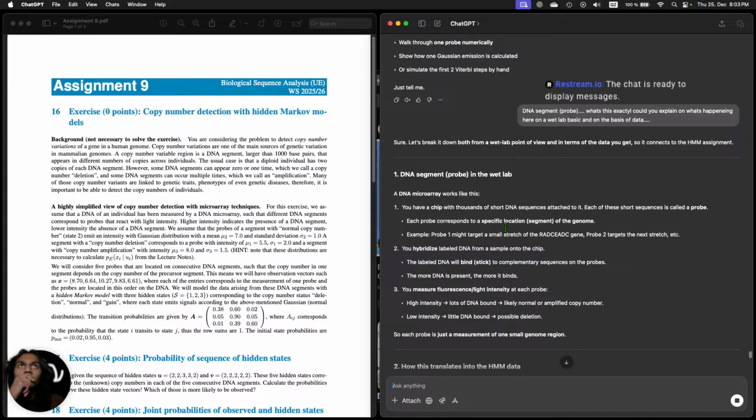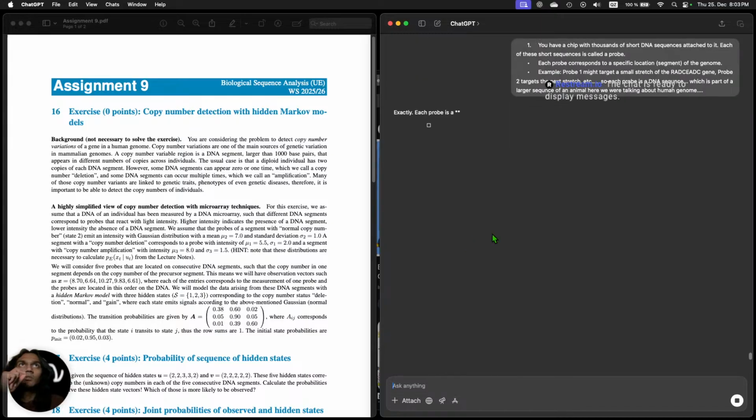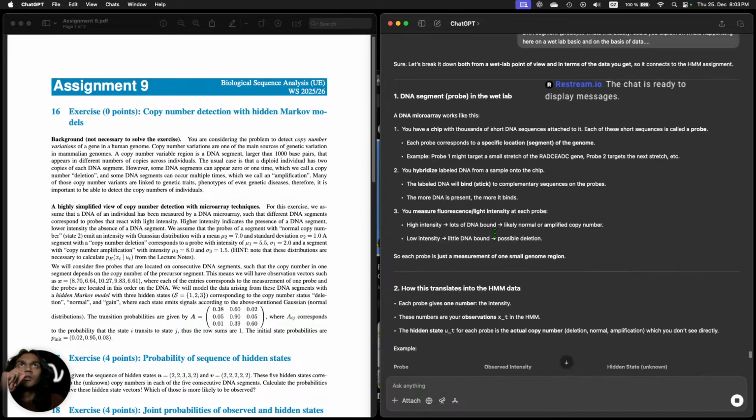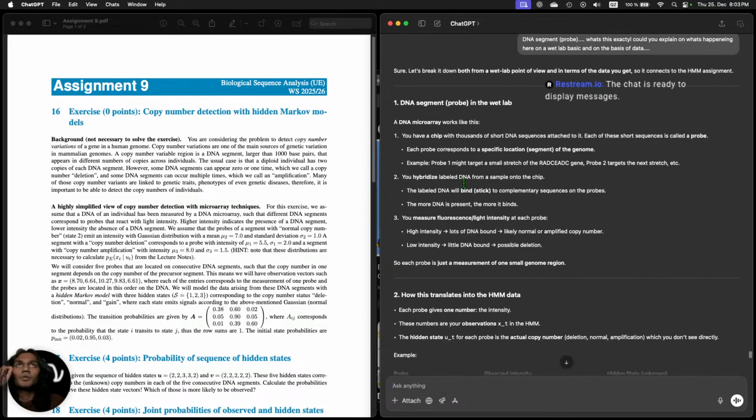Each probe corresponds to a specific location of the genome. Now, you hybridize labeled DNA from a sample onto the chip.